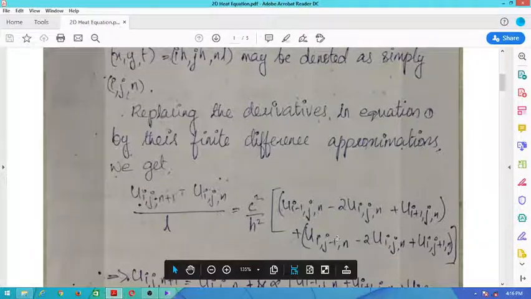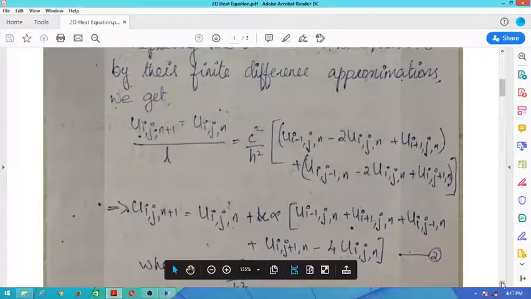The jth component corresponds to y, therefore in this term only j changes, hence for ∂²u/∂y² we write (u_i,j−1,n − 2u_ij,n + u_i,j+1,n)/h². We have taken h² common outside.